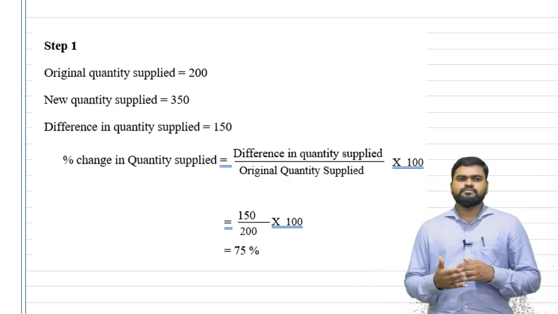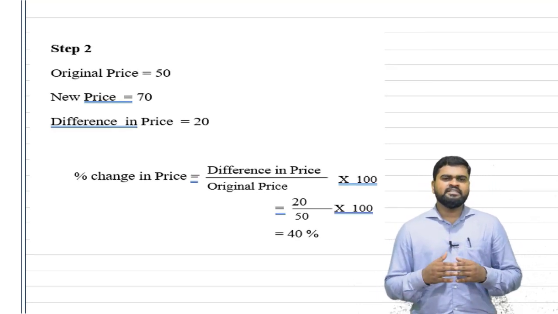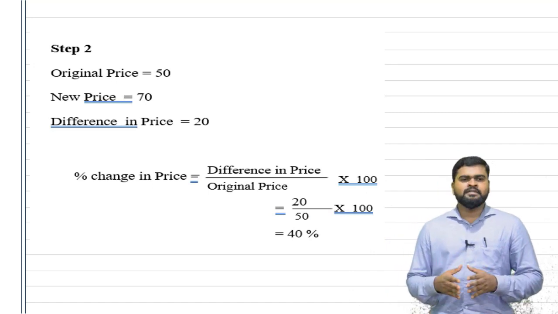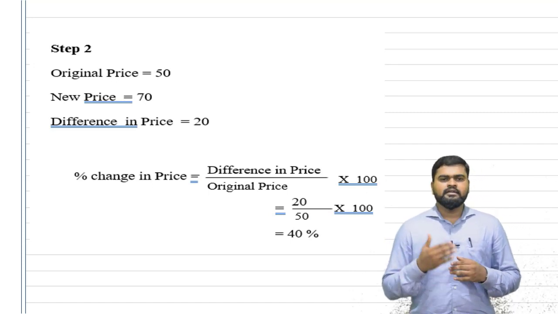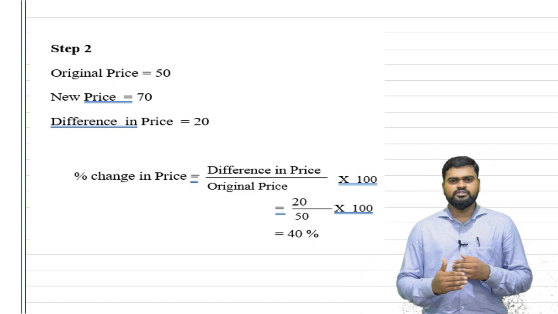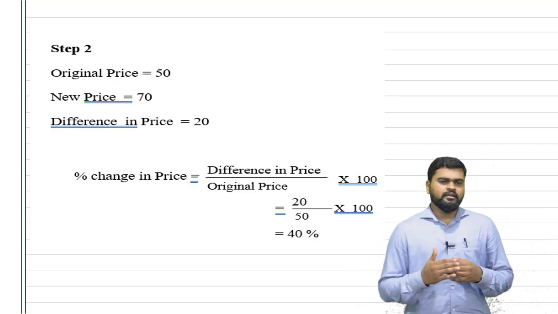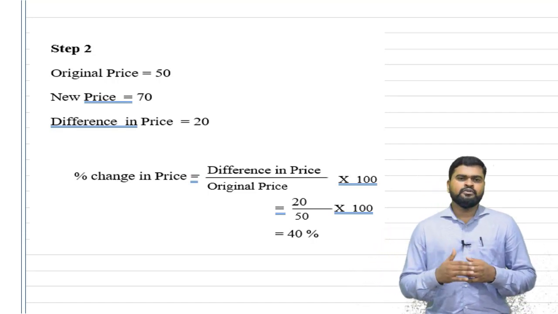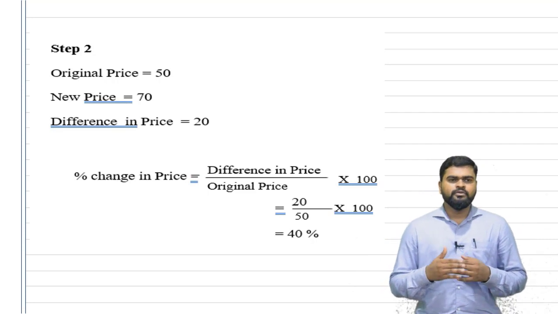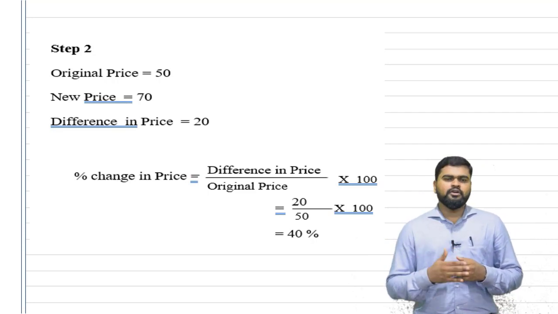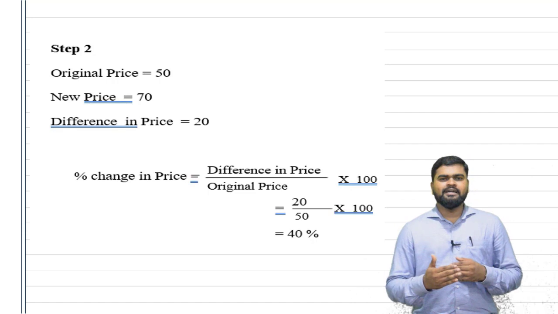In step 2, we are going to find the percentage change in price. The formula is difference in price upon original price multiplied by 100. Let's find the difference in price and original price. The original price is 50. The new price is 70.